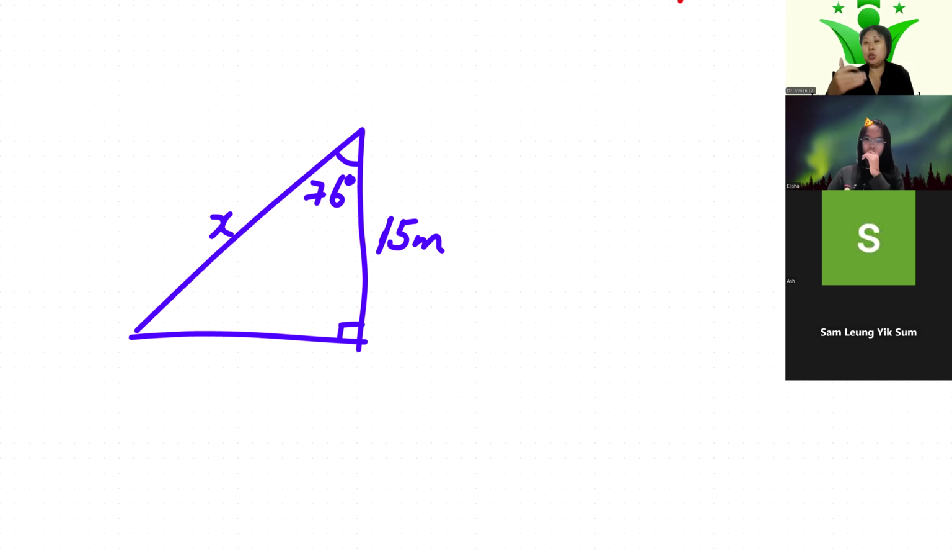Okay, we can use sine, cosine, tangent. So we remember what is cosine theta. Can you tell me, Elisa? Cosine theta equal to what? Do you remember? Can you write down here for me?